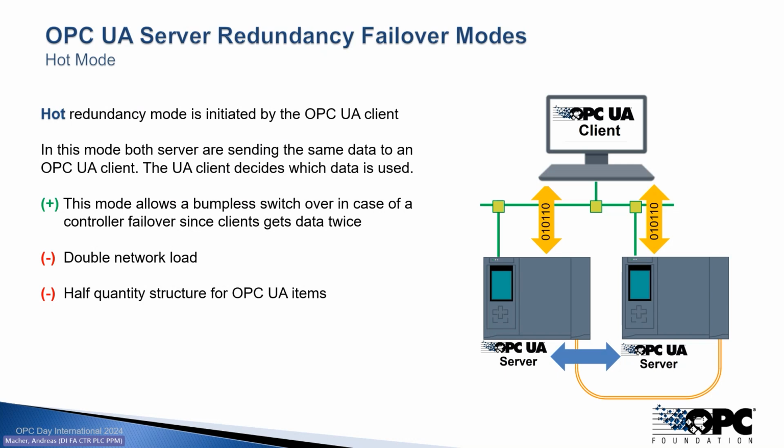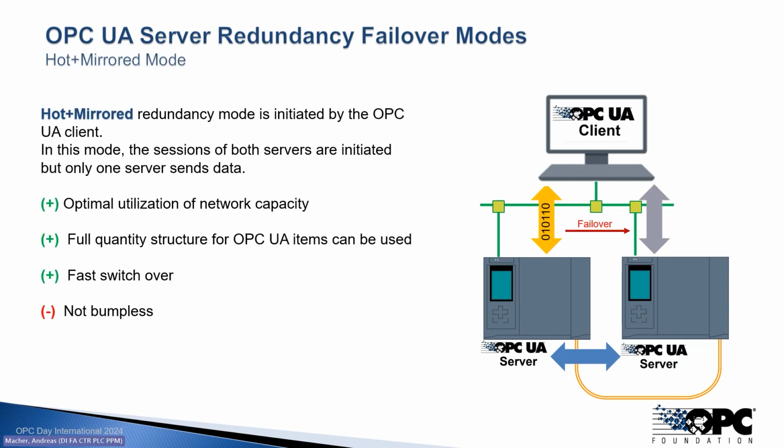The disadvantage is, of course, a double network load, because the servers are both sending the data. And a second disadvantage is that on the server side you need double the power, so you will not have as many OPC UA items as in the next mode, the so-called hot plus mirrored.